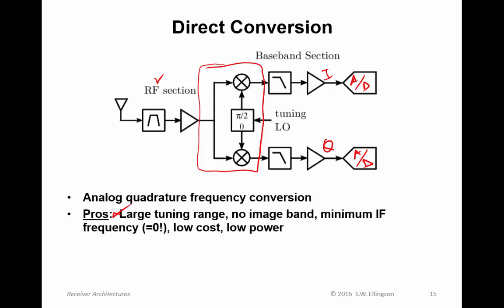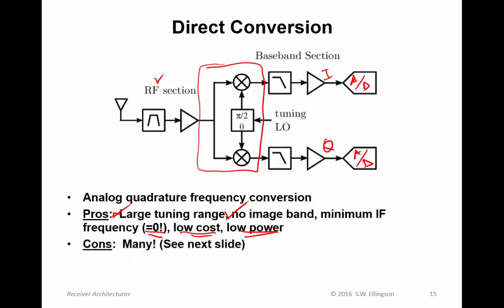We're not impeded by the limitations of a super heterodyne architecture. There's no image band because there's no IF. The minimum IF frequency is achieved, that is a frequency of 0. It's low cost and low power. These are all great features of the direct conversion architecture.